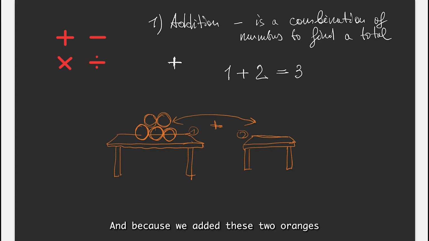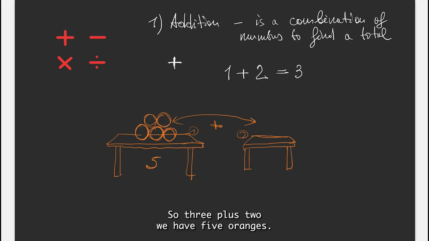And because we added these 2 oranges to table number 1, we have 5 here. So 3 plus 2, we have 5 oranges. Great.